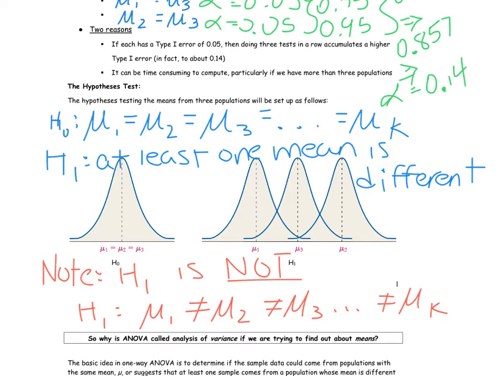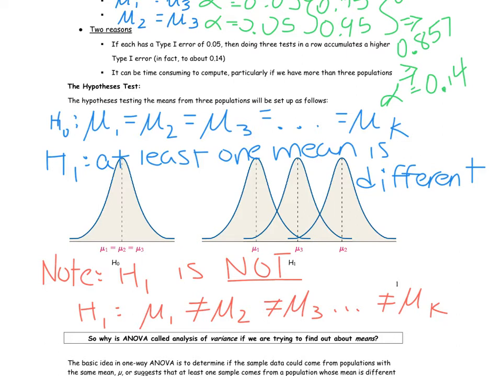For instance, maybe mu1 and mu2 are equal to each other, but then they're different than mu3. Then this doesn't hold. We're just really testing that at least one mean is different.